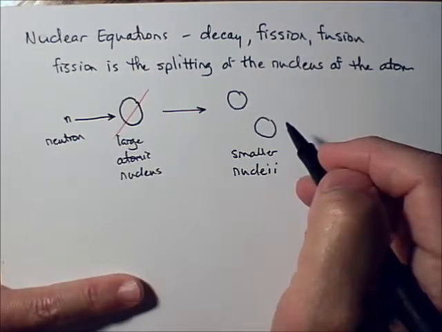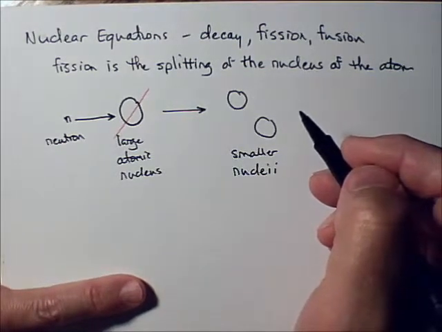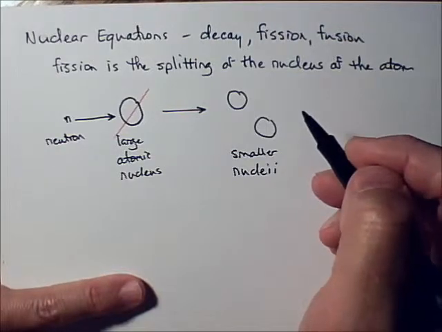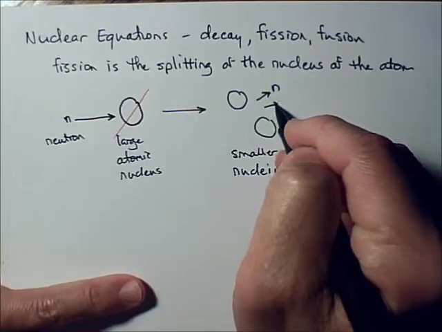In addition to the smaller nuclei, because of the way that the number of neutrons in a nucleus needs to stay stable, we're also giving up some extra neutrons when that happens.